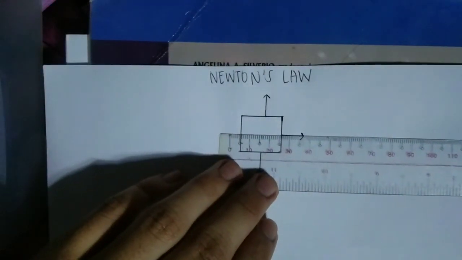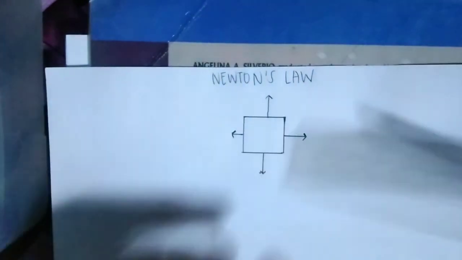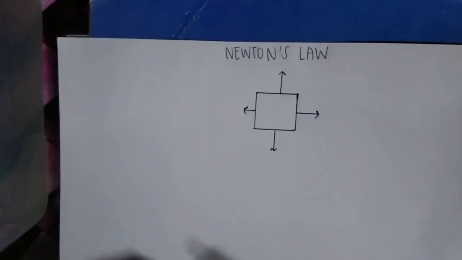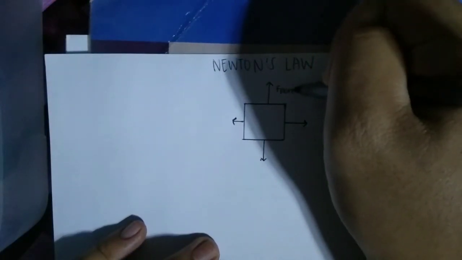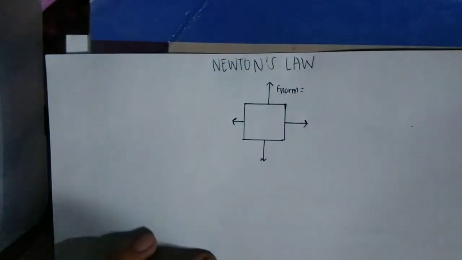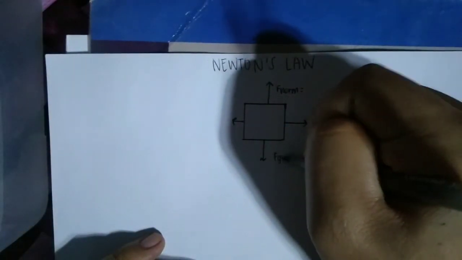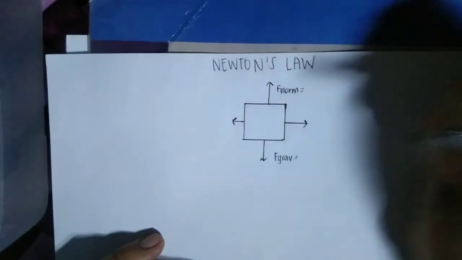So we will draw a line with a smaller length than the others, because let's focus on the rightward force. So now we will label it. We have the F norm, or the F normal, which is unknown, and the F grav, also unknown.